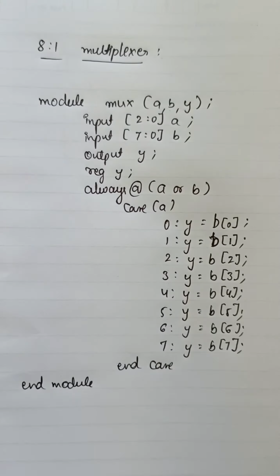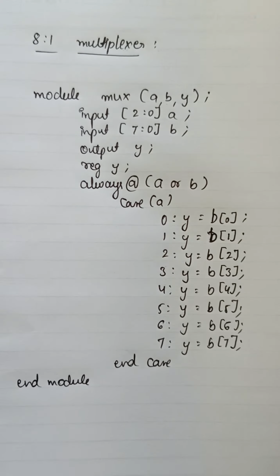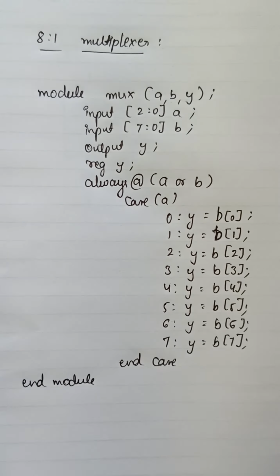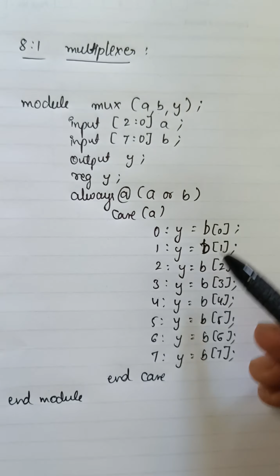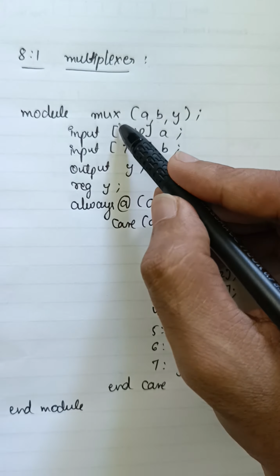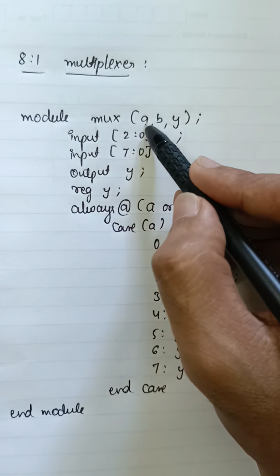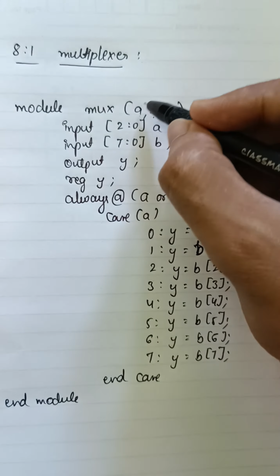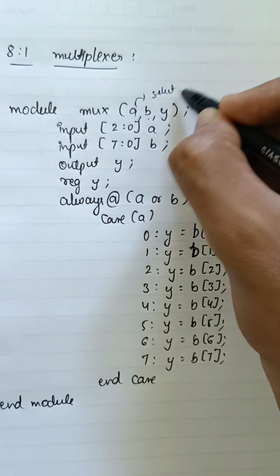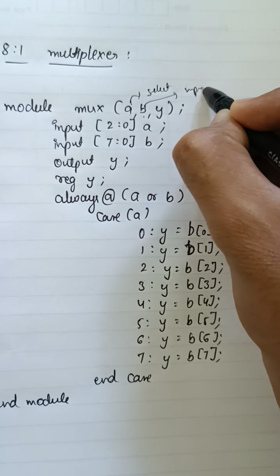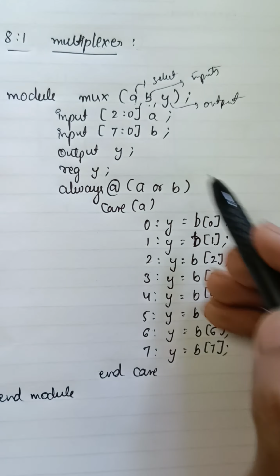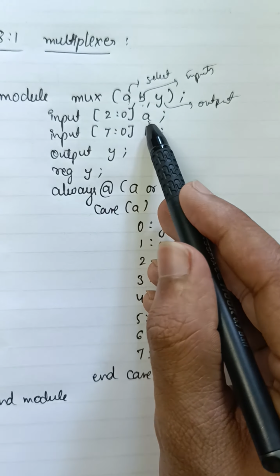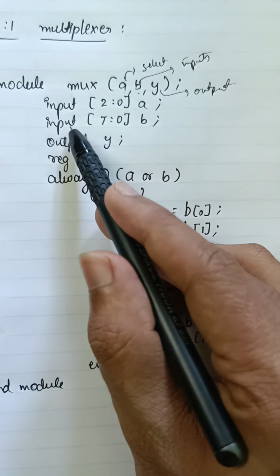Now we will see the program for the 8:1 multiplexer. Here we have written a behavioral level program. The module name is mux, and the inputs are A and B. Here A is the select and B is the inputs. Y is the output.